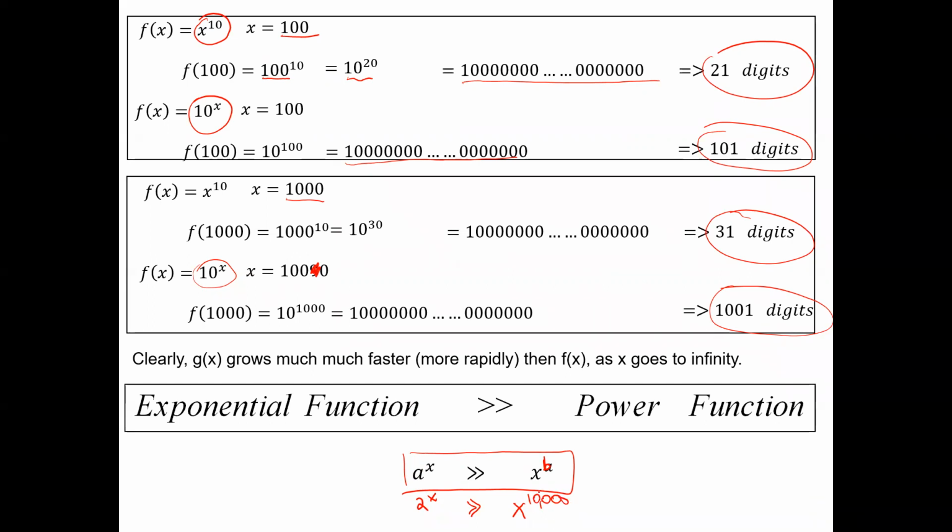Maybe at some point, for the first couple of small numbers, x to the power of 10,000 will be greater. But at infinity, for huge x values approaching positive infinity, 2 to the x will always win. In general, exponential functions win when competing with power functions.